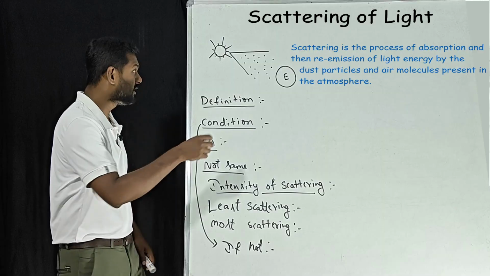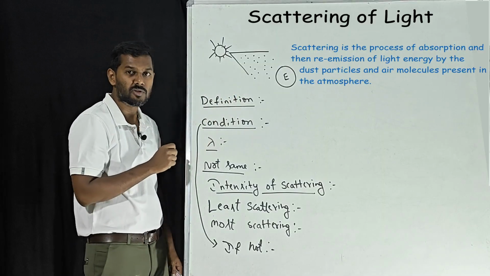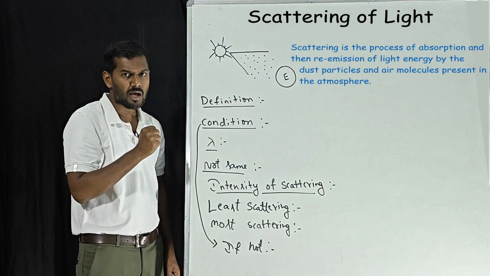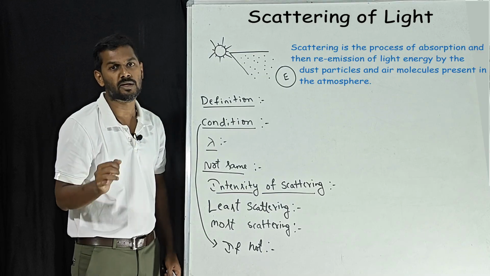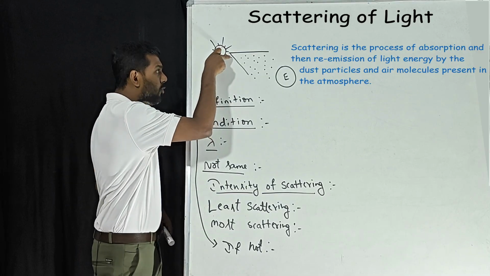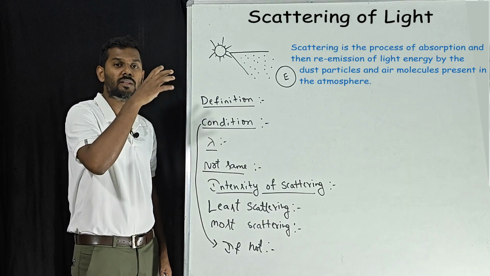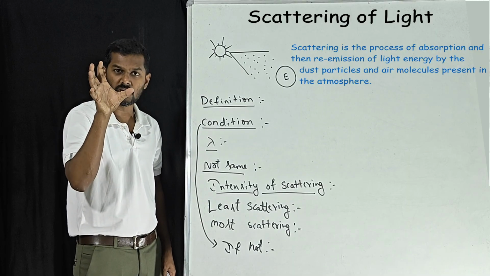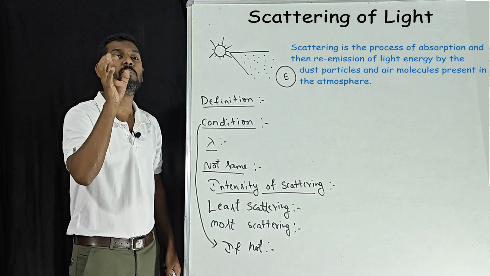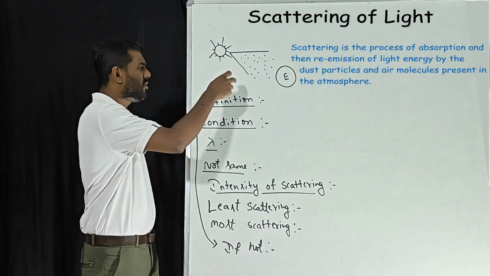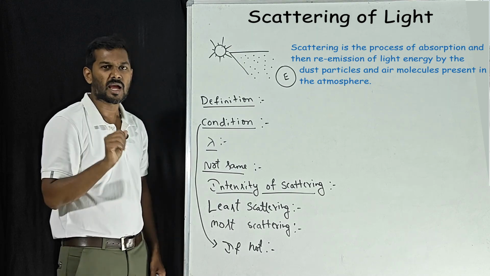What will these dust particles and air molecules do? They'll absorb the light energy and re-emit it. First it absorbs, then it re-emits. So this is the definition of scattering of light.